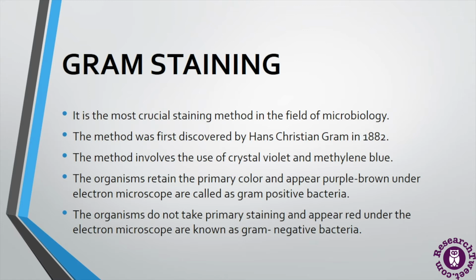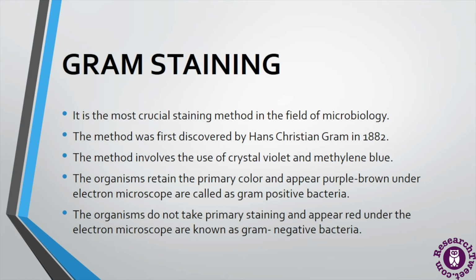The organisms which retain the primary color and appear purple-brown under the microscope are considered gram-positive bacteria, and they are differentiated according to their cell wall composition, because both types of bacteria have different cell wall compositions.